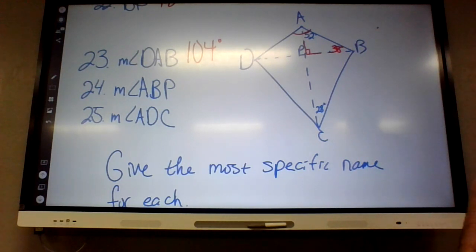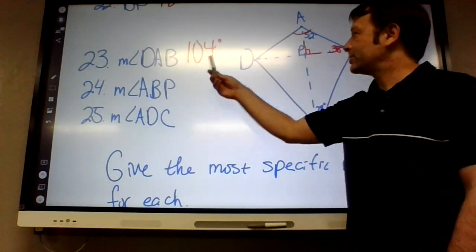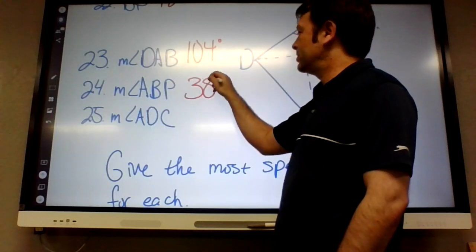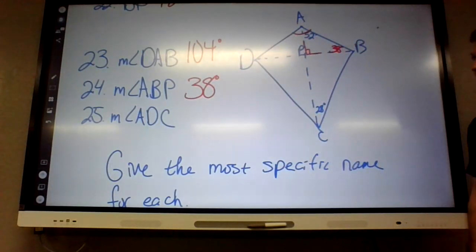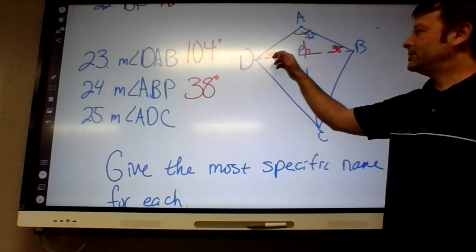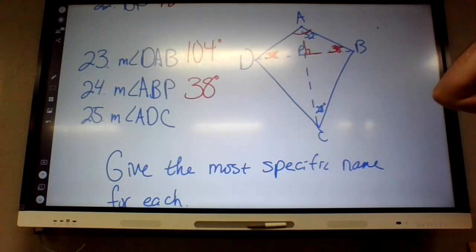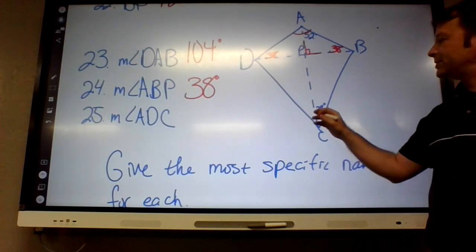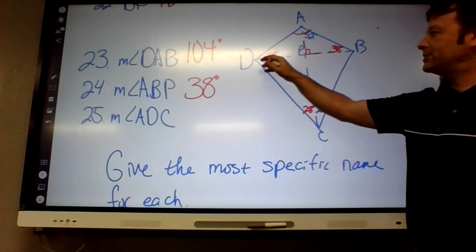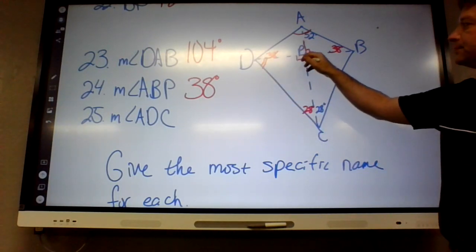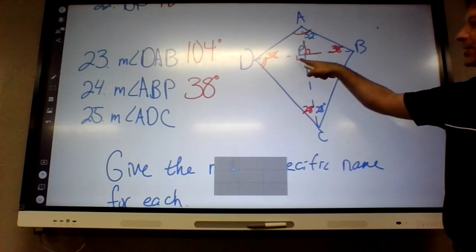Okay, and that's the 24 question. Angle ABP is 38, which means this guy's gonna be 38. Kites are symmetrical left to right, basically. So this is like a 28, and how would I find this angle right here? 180 minus 90 minus 28.